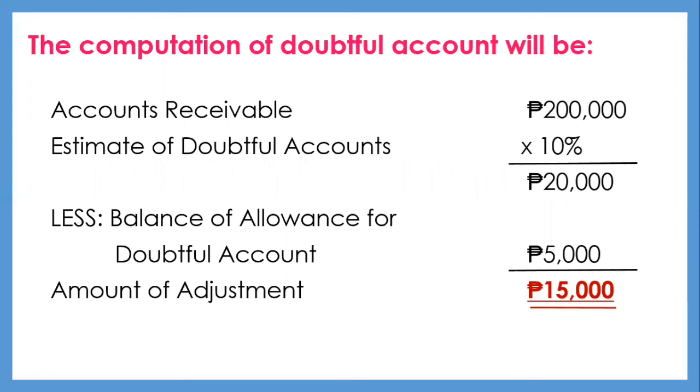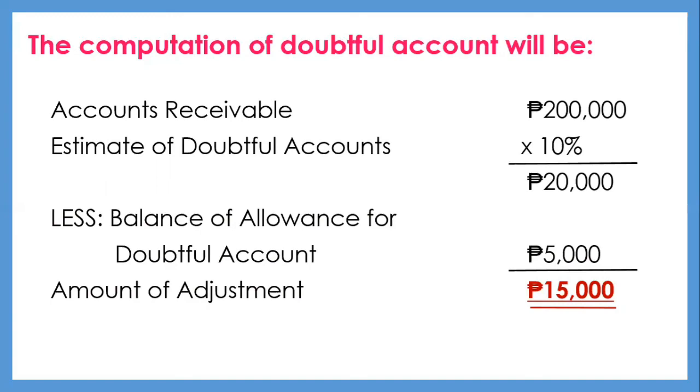So remember, based on our problem, the amount of our accounts receivable is 200,000 pesos, and the estimate that the company did on its doubtful accounts is 10%. And so for this matter, 10% of 200,000, that would be 20,000 pesos.